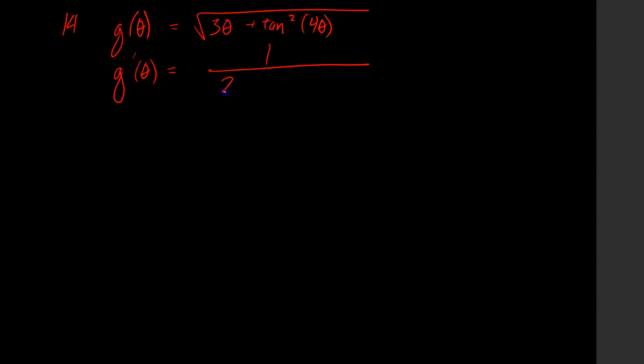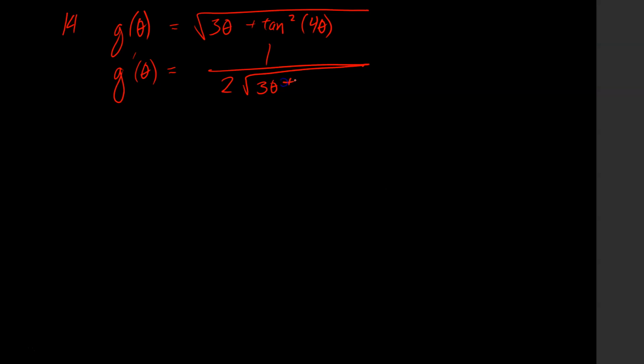So number 14, g of theta is the square root of 3 theta plus tangent squared of 4 theta. A lot of chain rule stuff here. Hopefully by now you've memorized that the derivative of the square root of something is 1 over 2 times that square root, also in the denominator. The input to that square root stays the same.